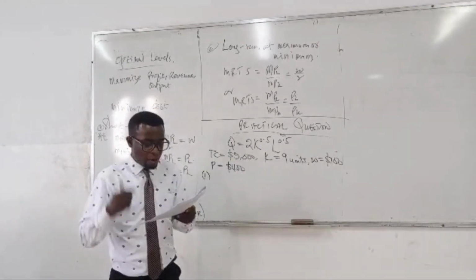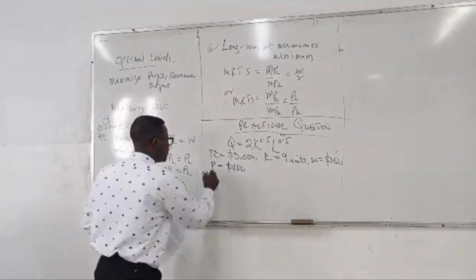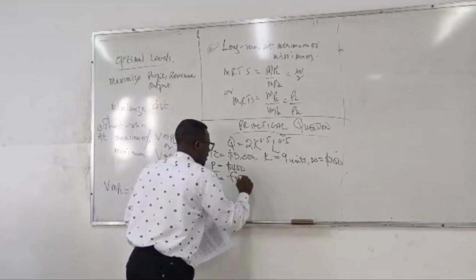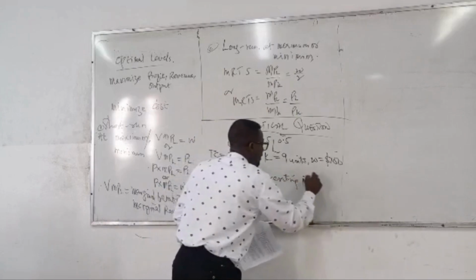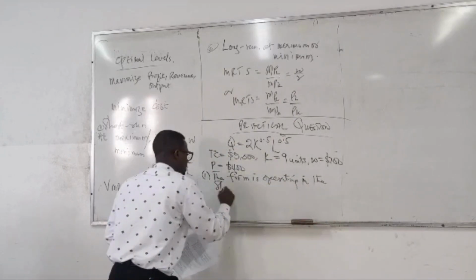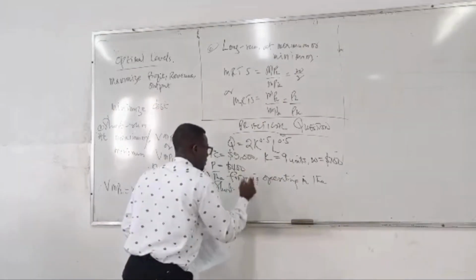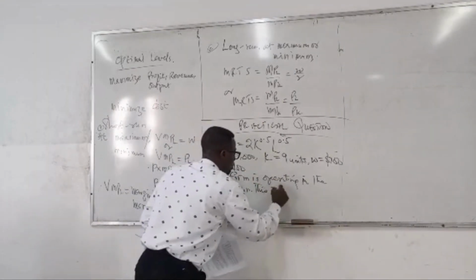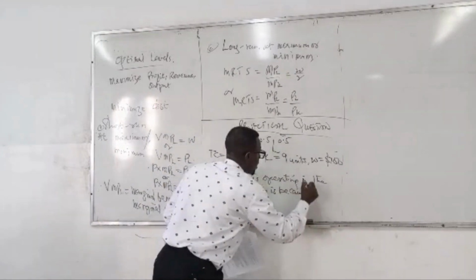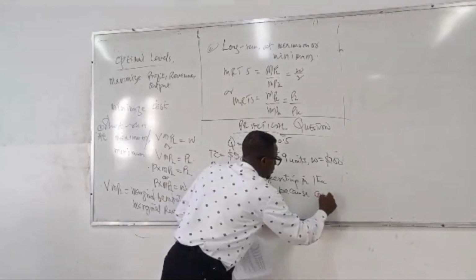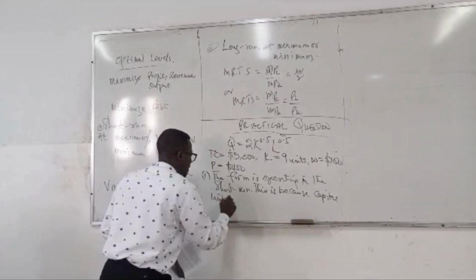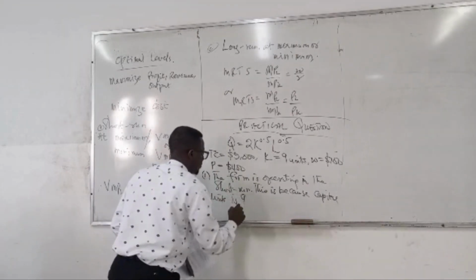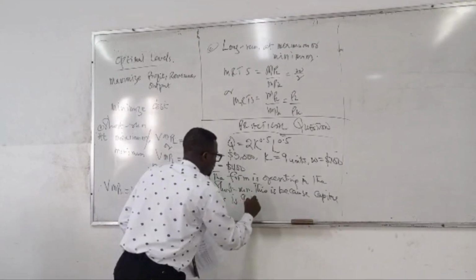So, is the firm operating in the short run or the long run? The firm is operating in the short run. This is because capital units is 9, which is fixed.